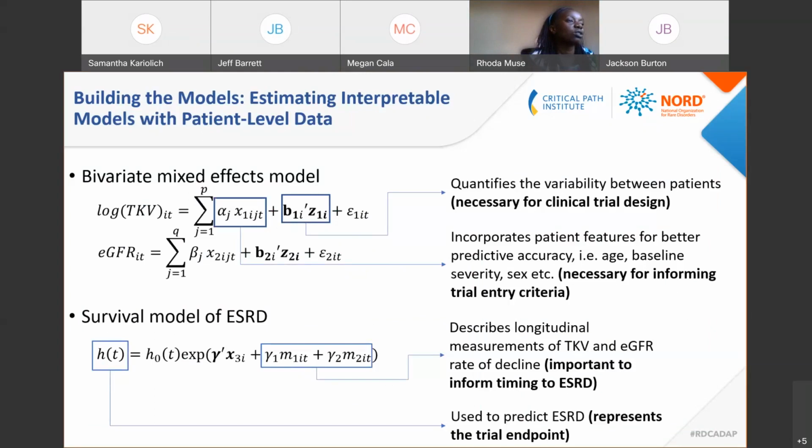And the next is to describe the longitudinal measurements of TKV and eGFR rate of decline. These are important in informing the time to end-stage renal disease. And at the very end, we show the mechanism of how to predict end-stage renal disease. So this represents the trial endpoint. Next slide.